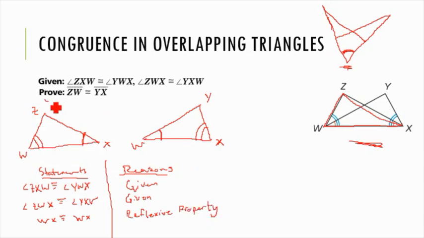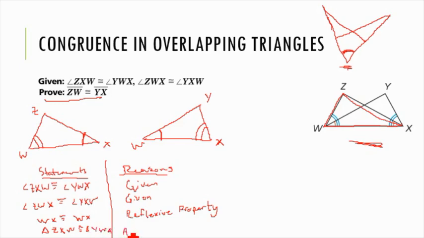Now, remember what I'm trying to prove. I'm not trying to prove that the triangles are congruent, but I'm trying to prove that ZW is congruent to YX. In order to do that, I have to first prove that the triangles are congruent, and then I'm going to use CPCTC. So, by angle side angle, triangle ZXW is congruent to triangle YWX.